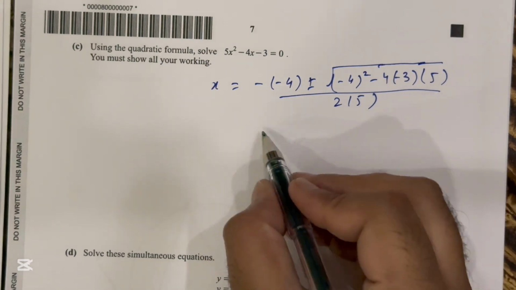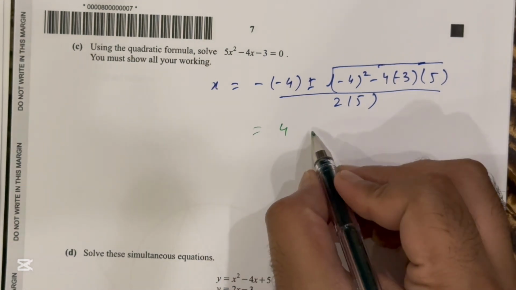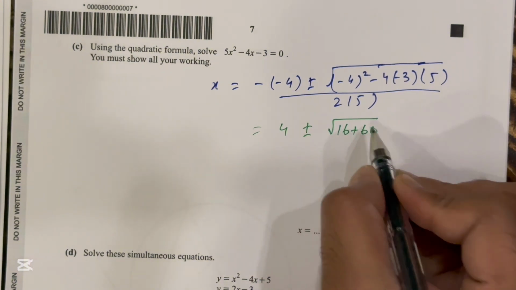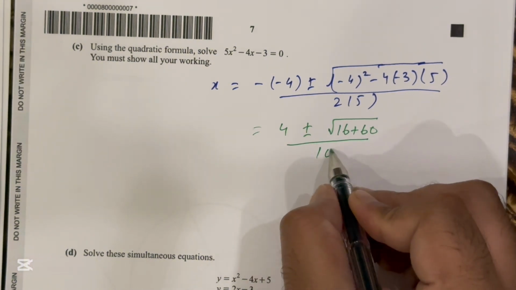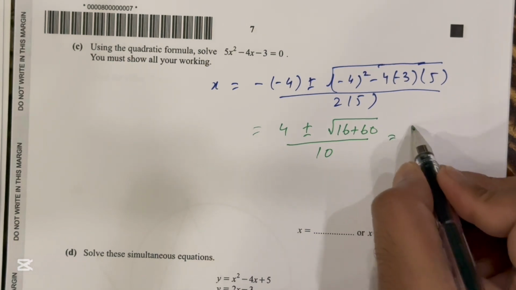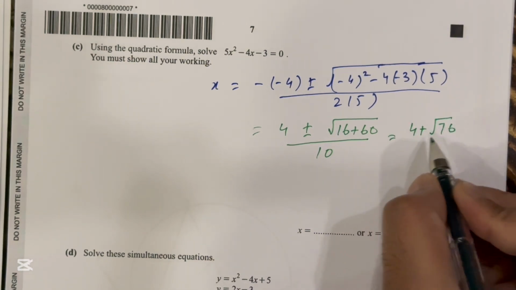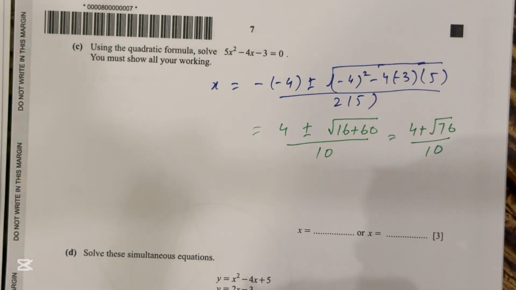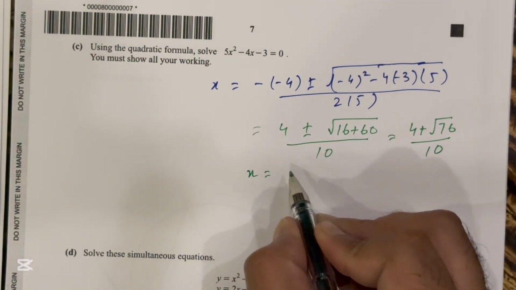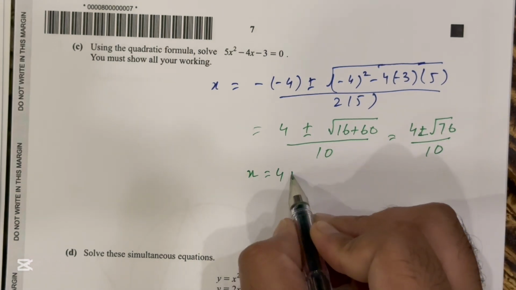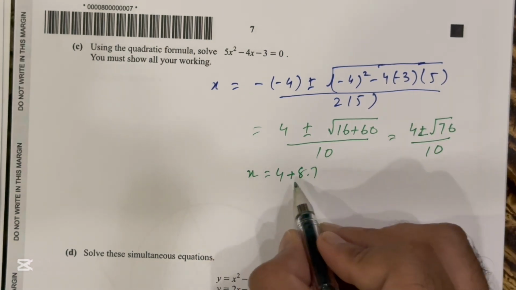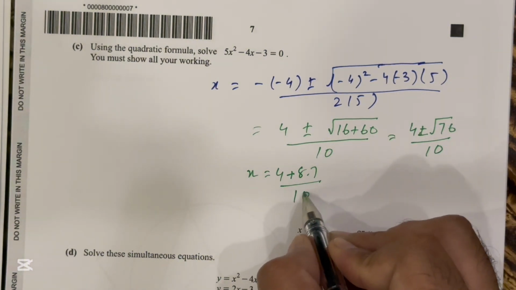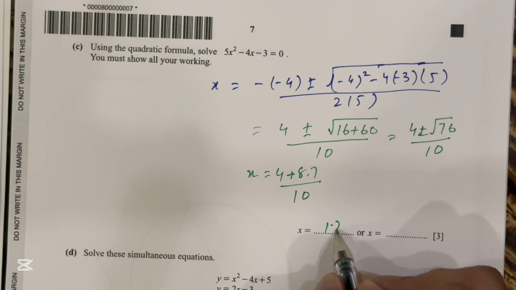So you get 4 plus minus the square root of 16 plus 60, divided by 10, that is 4 plus minus the square root of 76 over 10. So when you take the value of plus 4 and 8.7, which is the answer of the square root of 76, divided by 10, you get the answer 1.27.